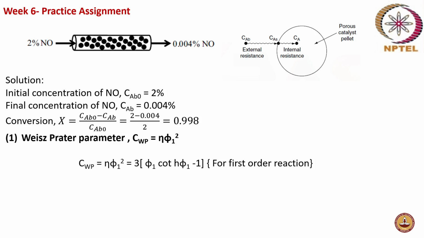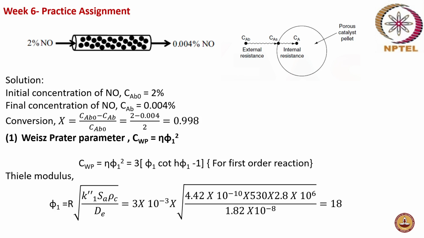This is for the first order reaction. In order to find the Weisz-Prater parameter, we have to know the Thiele modulus and also the internal effectiveness factor.